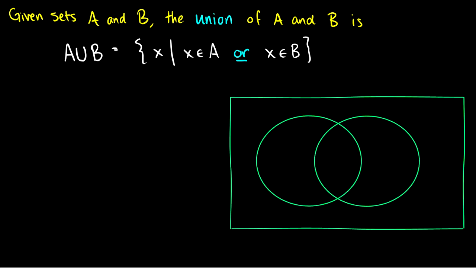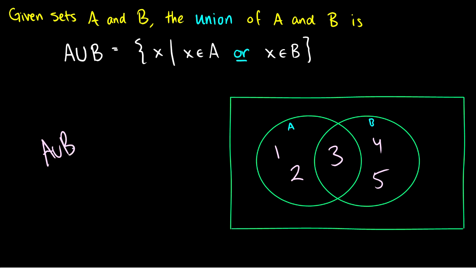The union is essentially whether the element is in A or in B. It can be in both, it can be in just one. So if we have A and B, we'll use the same sets as last time. We'll put 1, 2, and 3 in A, and 3, 4, and 5 in B. In this case, A or B just says we take all of the elements and we put them in a set.